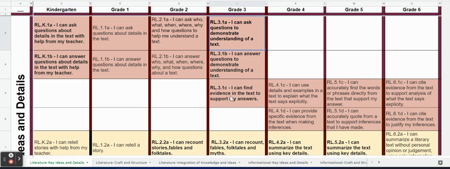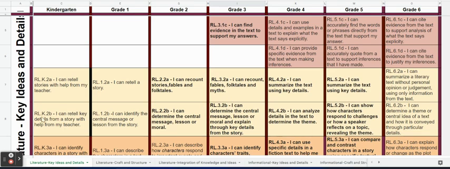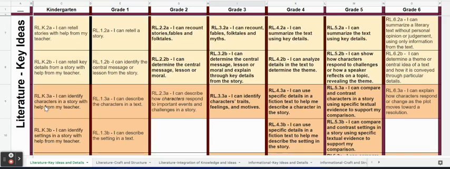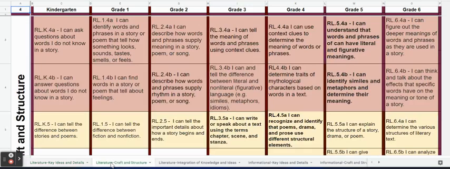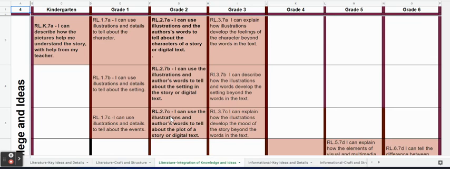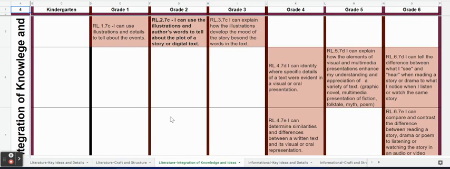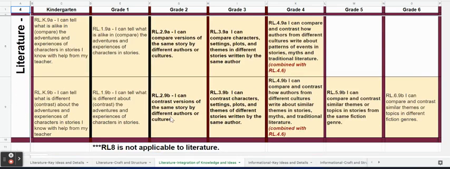So as you scroll down and see a shift in color, you'll see the second standard and then the third standard, and there are three standards in this category. And then you would do the same for craft and structure, as well as integration of knowledge and ideas. You'll notice that there are 9 standards represented here on this continuum.